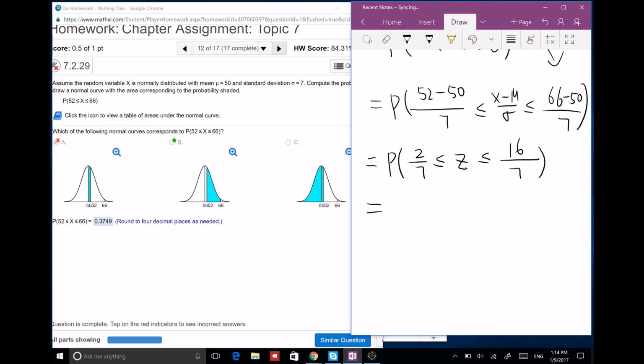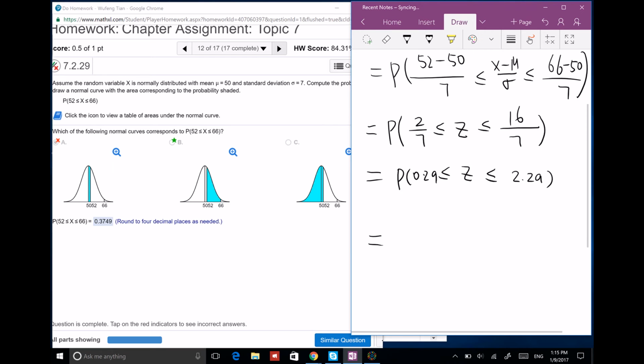So basically we find the probability for both: 2 over 7 is 0.29, and 16 over 7 is 2.29. We're looking for the area in between these two, so I can use the probability of z less than or equal to 2.29 minus the probability of z less than 0.29.